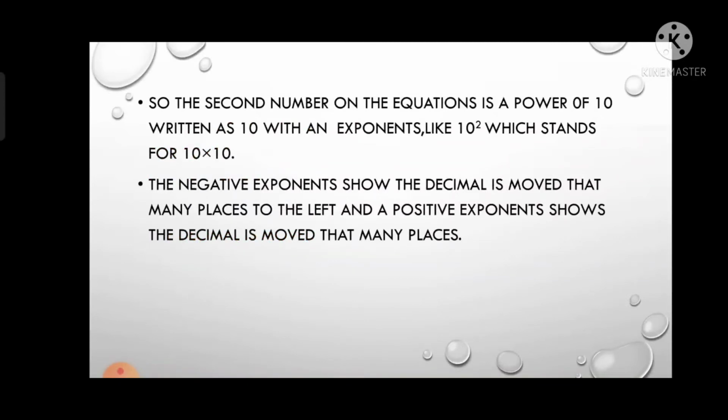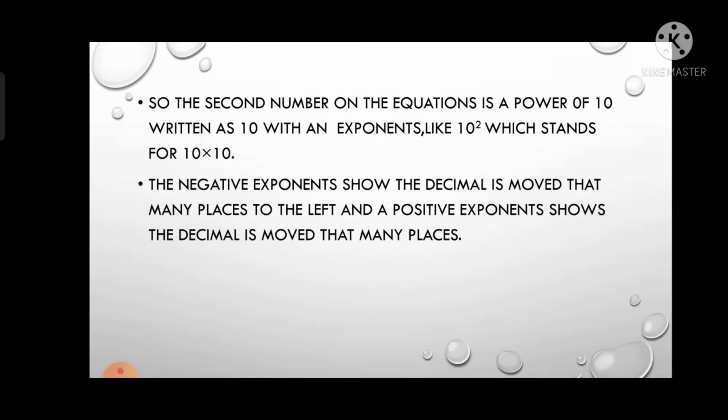So the second number in the equation is the power of 10, written as 10 with an exponent, like 10 to the power of 2, which stands for 10 times 10. So ang second number is ginatawag na power of 10, ginasulat siya as 10 with exponent, like 10 to the power of 2, nagstand siya as 10 times 10.